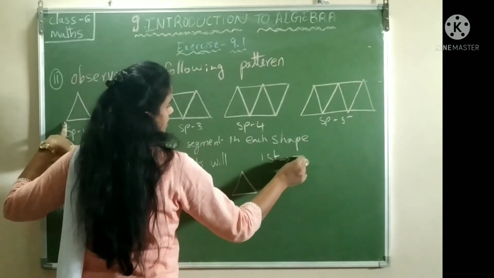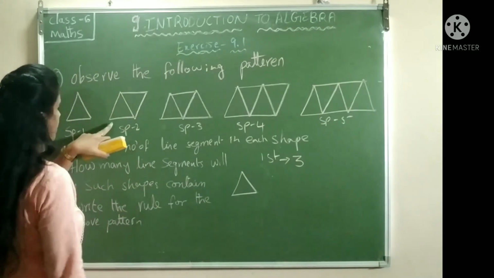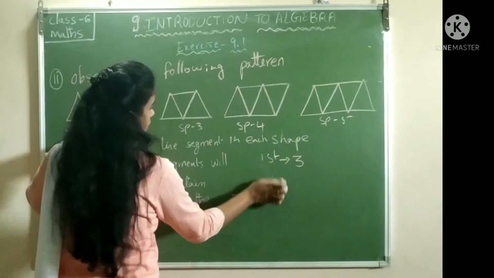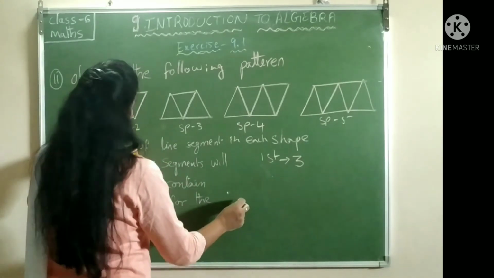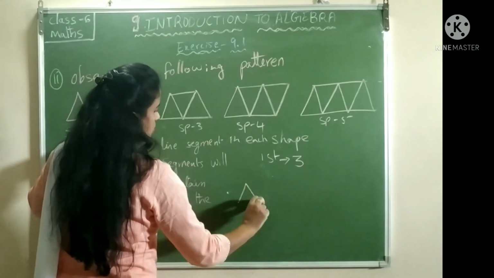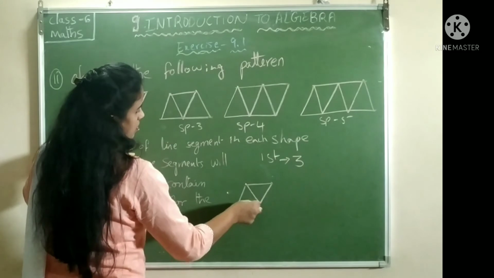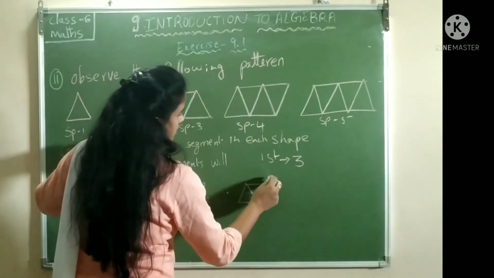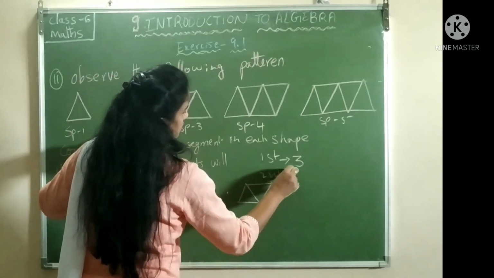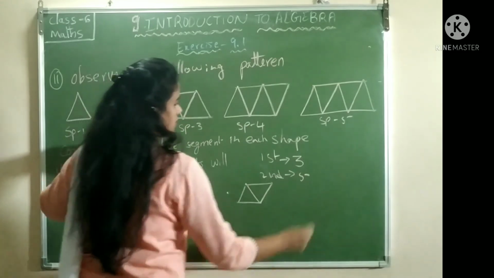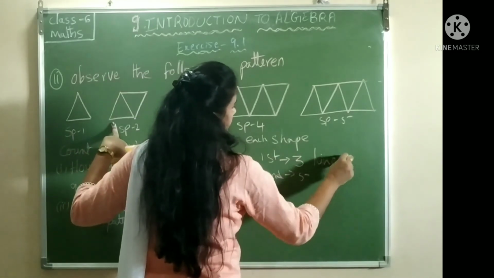Okay. 3 line segments. And second shape required how many line segments? See, 1 2 3, okay, 4 5. 5 line segments. Second one what? 5 line segments. These are line segments. Okay.